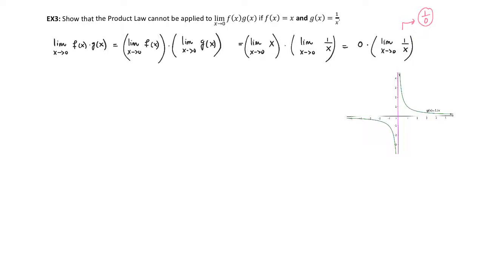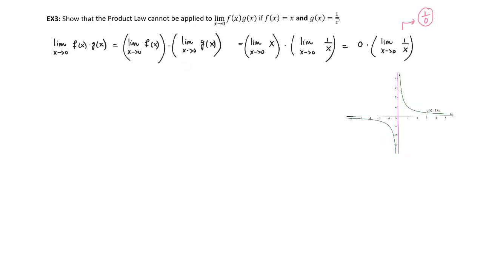That means that we cannot apply the property to this particular function, f of x times g of x. Now, that doesn't mean that the limit doesn't exist. This limit may still exist, but we're going to have to investigate it completely separately from the properties. We will not be able to apply the properties. We're going to have to try something else.